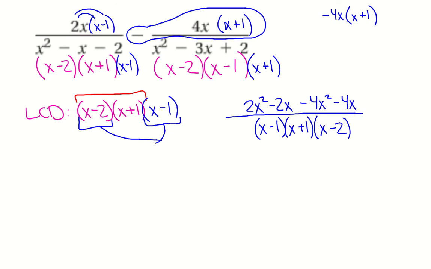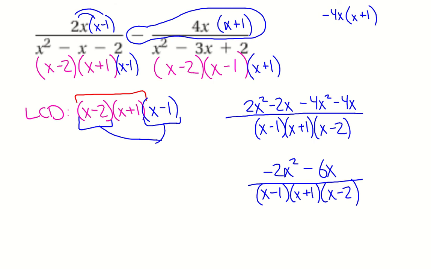Combining like terms across the top, I would have 2x squared minus 4x squared is negative 2x squared. And then negative 2x minus 4x would be negative 6x over x minus 1 times x plus 1 times x minus 2.